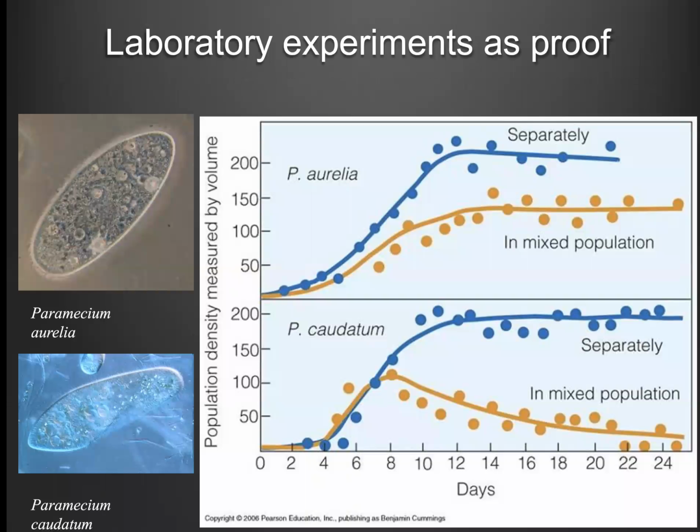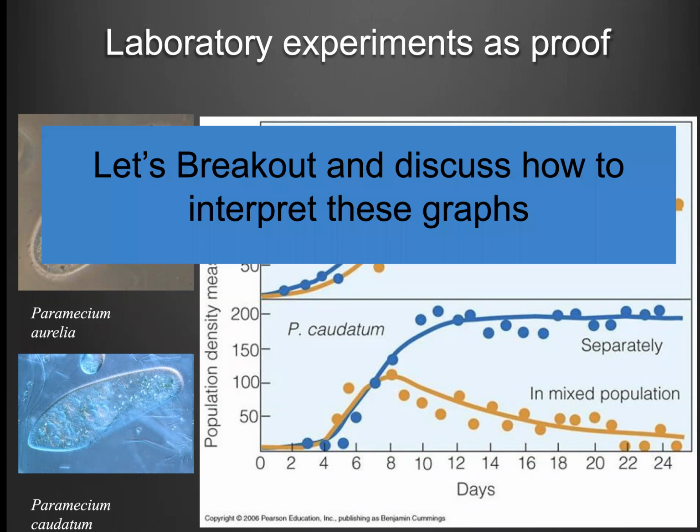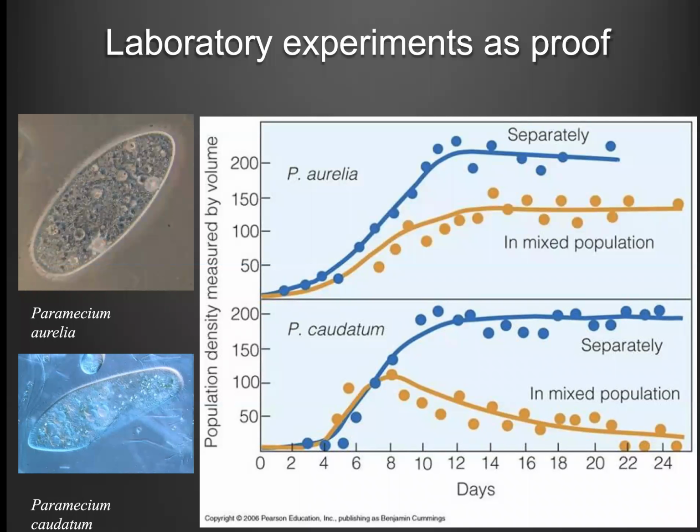So, okay, I've been talking to you about this in theory, but let's think about this in practice, right? So what I want you to do is think about some data that we have here, okay? And so I'd like us to have a breakout to discuss how we interpret these graphs. So take a look at this.